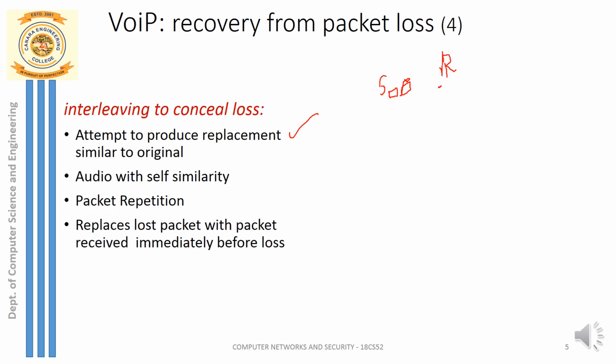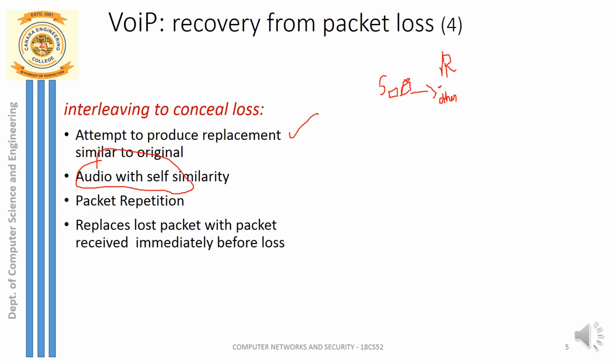some other similar packet. So it is something like the sender is sending audio in the form of multiple chunks, and on the way when it reaches the receiver, some chunks in between might be lost. So the receiver will try to replace that lost chunk with other chunks that are already received and found to be similar.